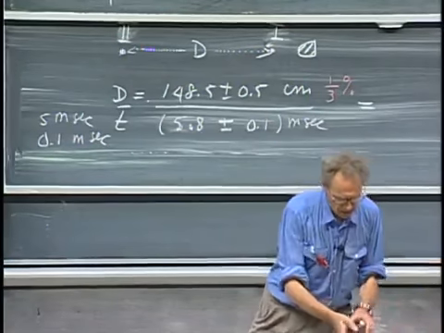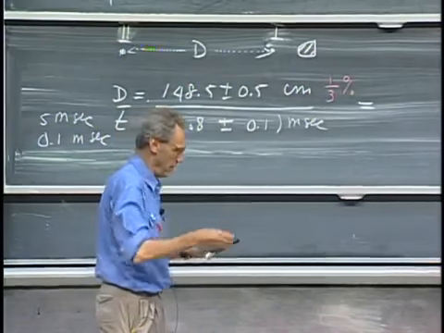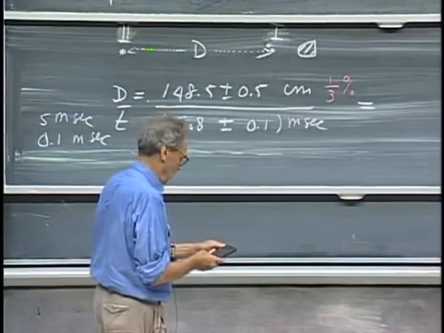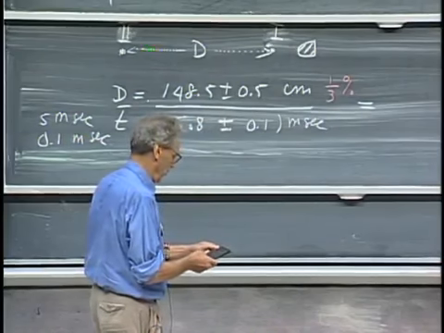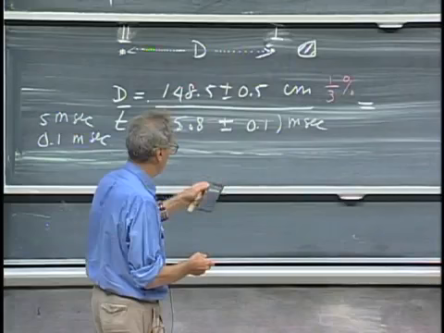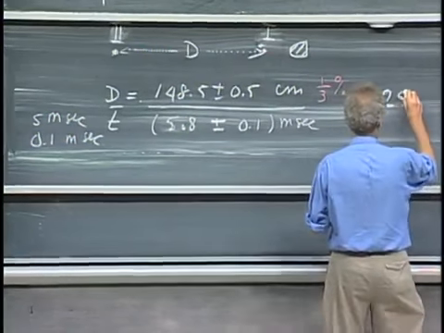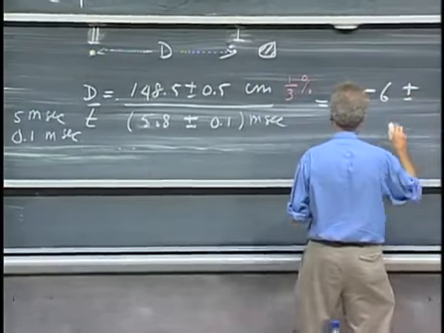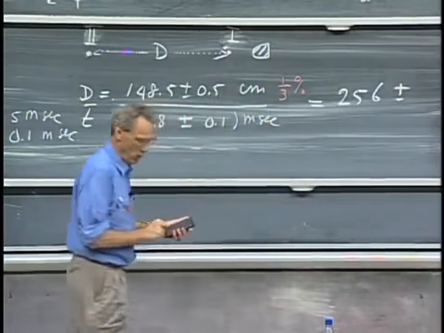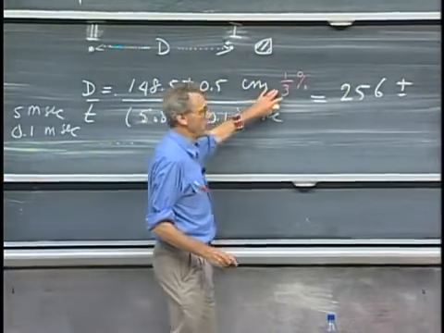So out comes the average, call it speed or call it velocity, it's the same thing in this case. 148.5 over 5.8, and I have to convert it to meters per second. That brings it to 256 plus or minus. Now you come in here with your plus or minuses. This is a 1/3% error.